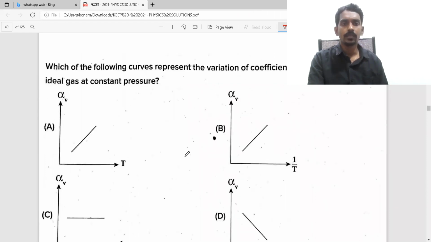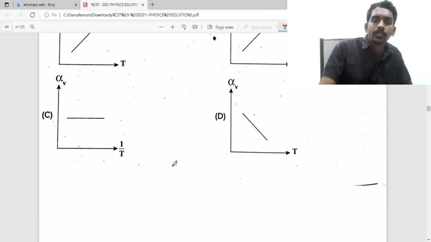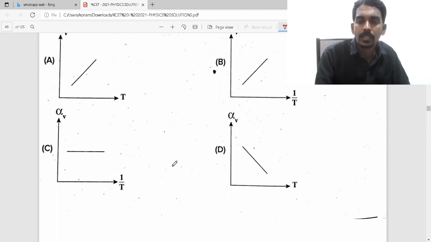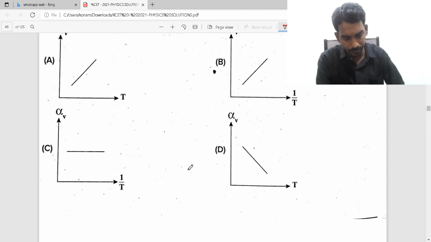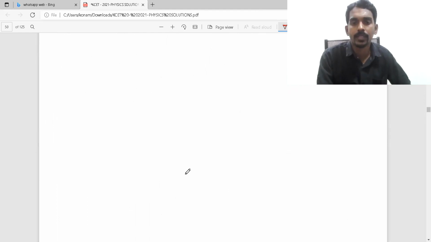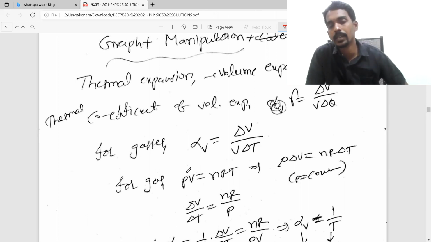And which of the following curves represents the variation of the coefficient of volume expansion of an ideal gas at constant pressure? See, this is a little bit manipulated, equation based question, where I will show you the solution. Volume expansion coefficient means what? Delta V by V delta theta.